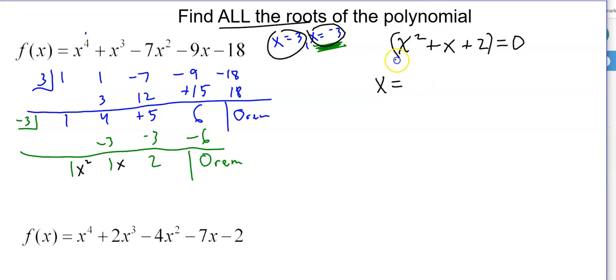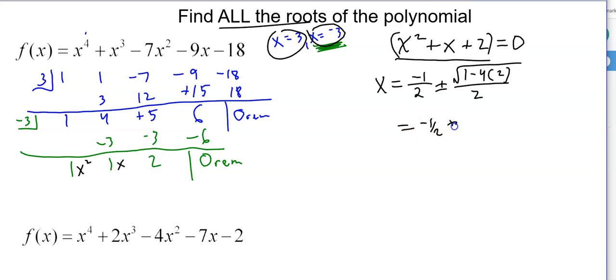So let's get the quadratic here. That was our goal to get there, so we should be able to solve this. Opposite of b over 2 times 1. B squared minus 4ac, so 1 minus 4 times 1 times 2. So we get -1/2 plus or minus square root of -7 all over 2.